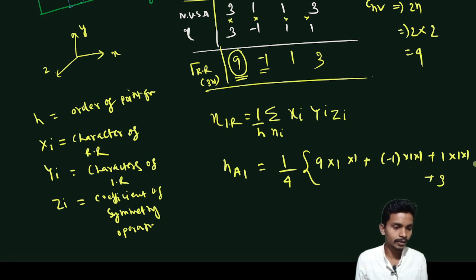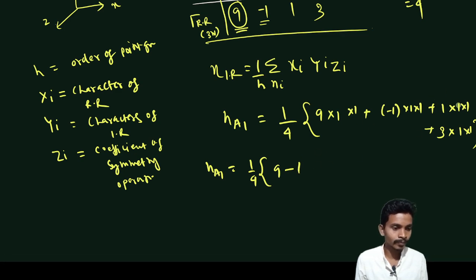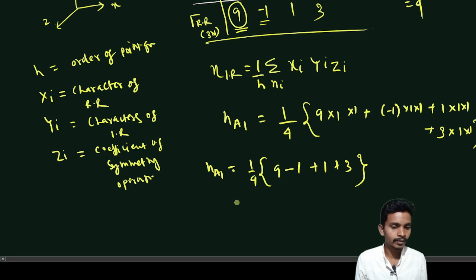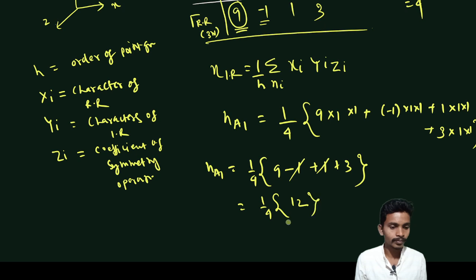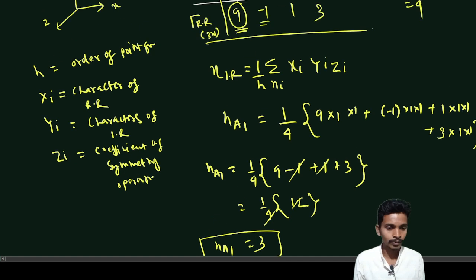So A1 is equal to 1 upon 4 times 9, minus 1, plus 1, plus 3. This is 1 upon 4 times 12, which is equal to 3. So nA1 is equal to 3.